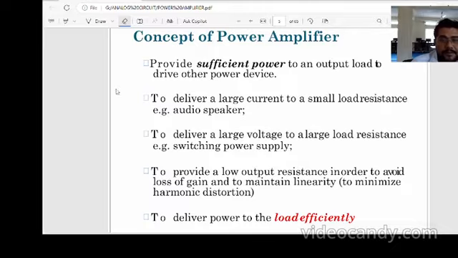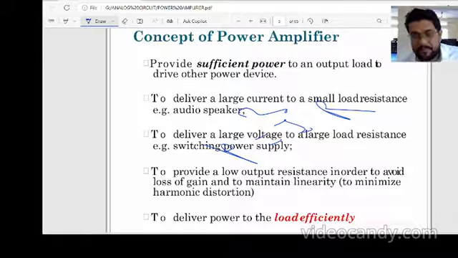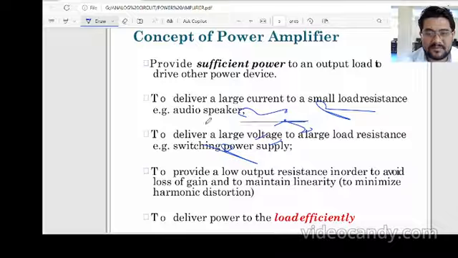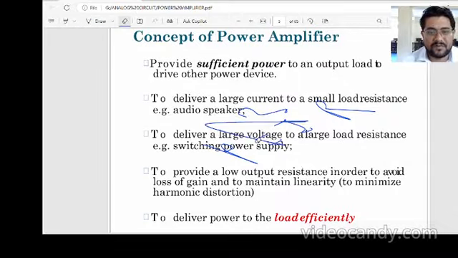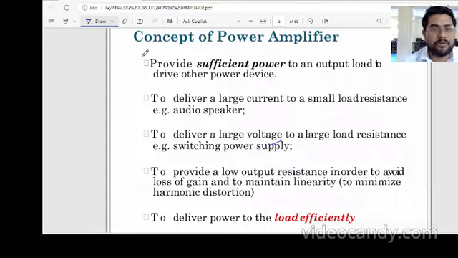So what is power? We know that power P equals I squared times R. So how will the power be large?